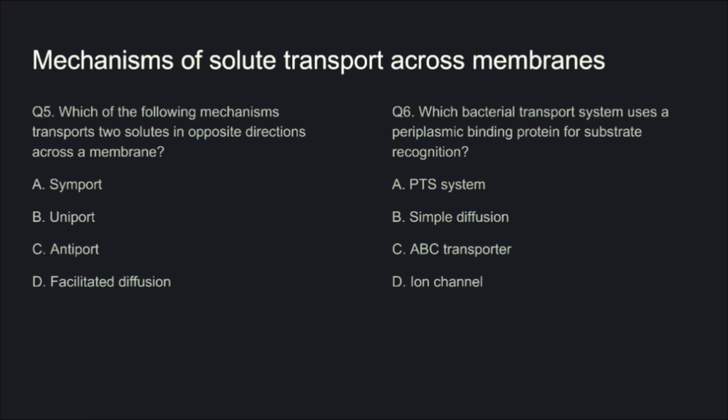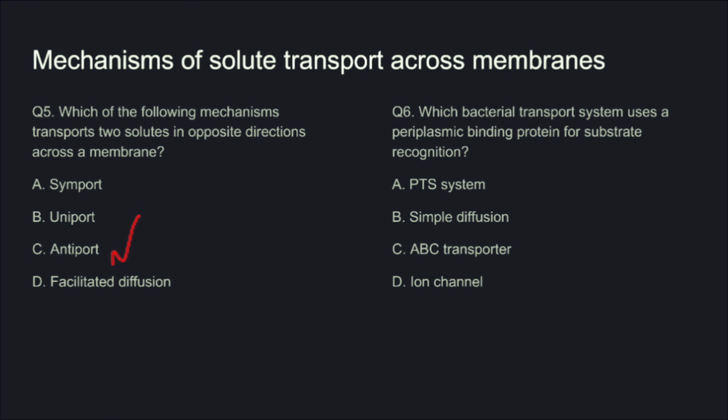Question 5. Which of the following mechanism transports two solutes in opposite direction across the membrane? Options are A, symport, B, uniport, C, antiport, D, facilitated diffusion. Correct answer, as the name signifies, option C, antiport. Question 6.